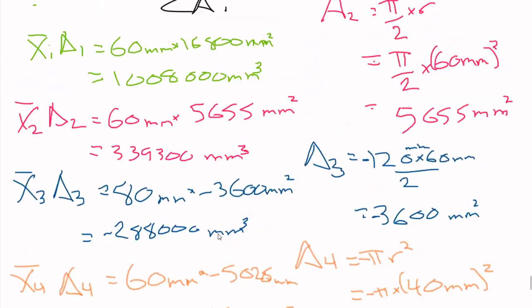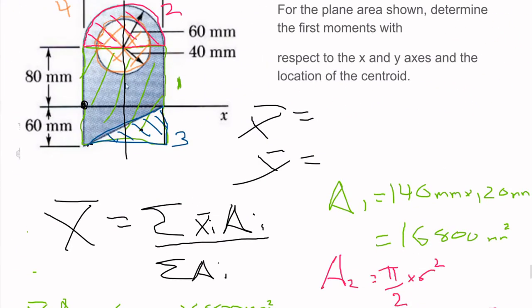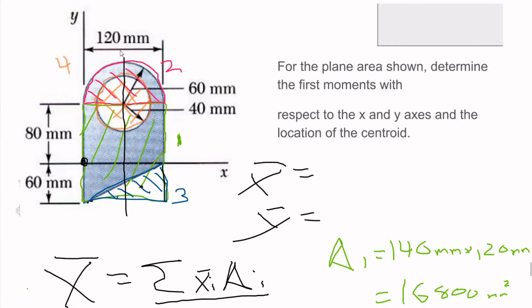Looking at that, we know it's probably going to be fairly close to this center line down here, because the only thing causing it to shift is this little triangle. That little triangle is a negative area that is mostly to the right of what would otherwise be the line of symmetry.